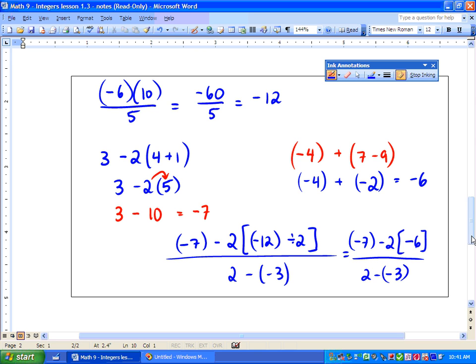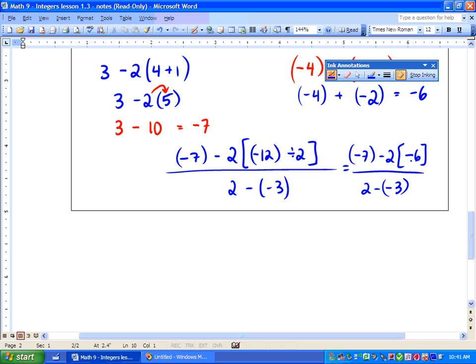All right, we're going to go over our space a little bit. So we bring this down, and we're going to do this part right here. So now we've got negative 7 minus negative 12 all over 2 minus negative 3. Right? 2 times negative 6 was negative 12. Now, this brings us back to our first lesson. We've got negative 7 minus negative 12.